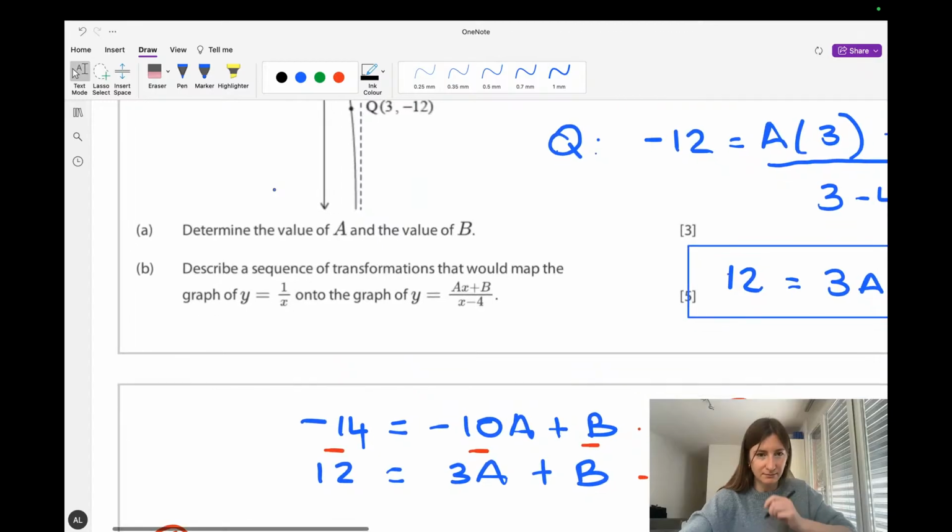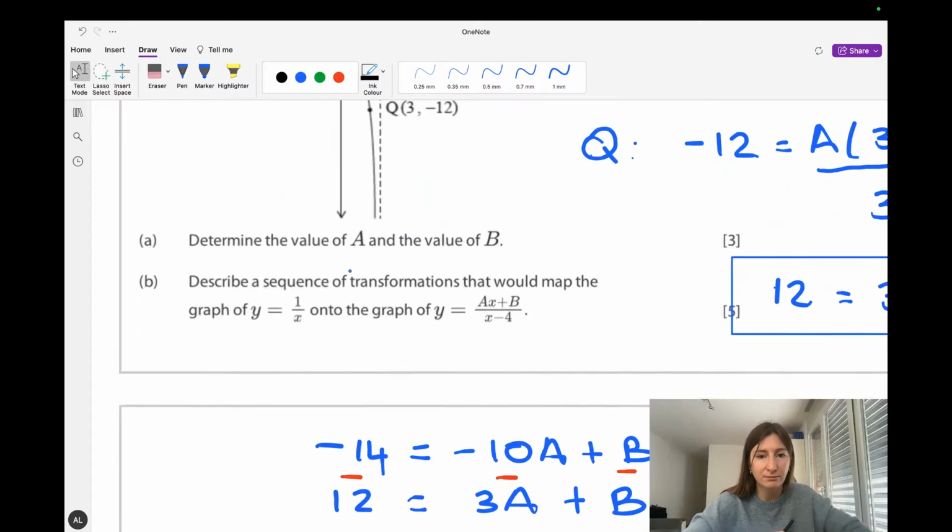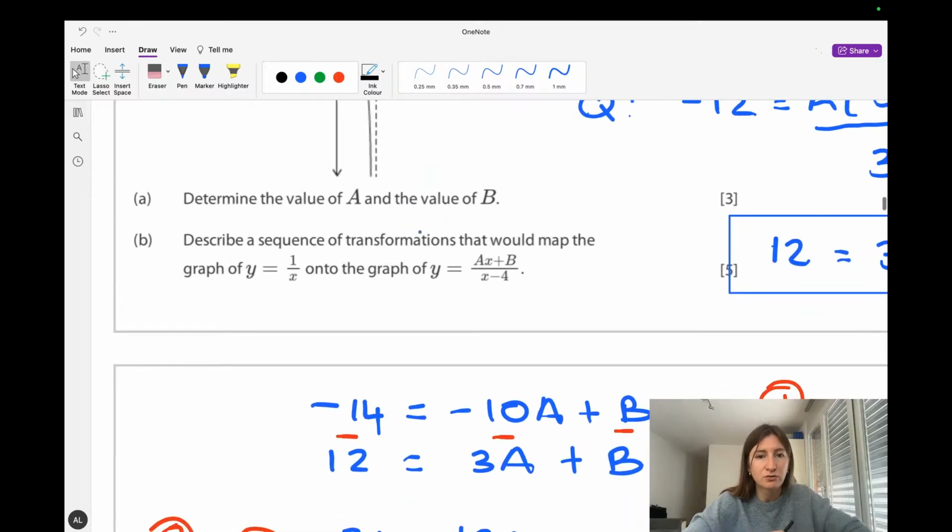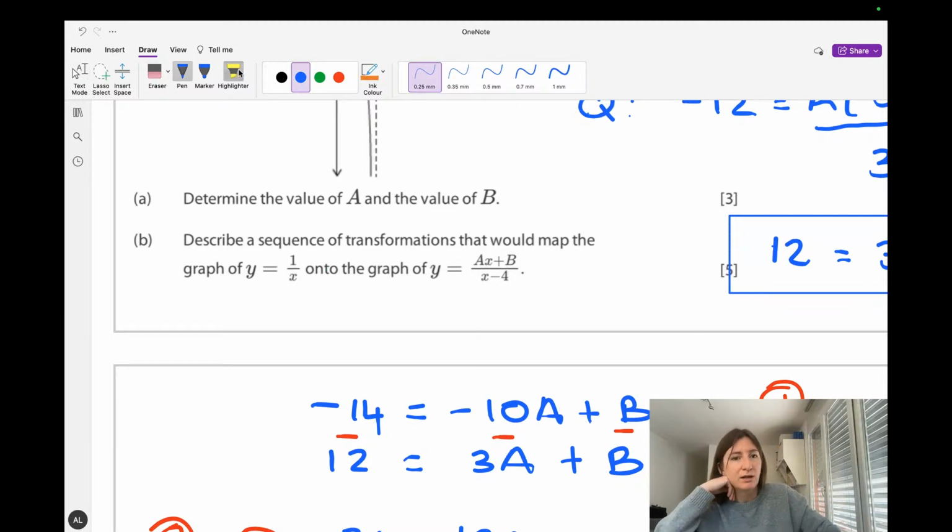Describe a sequence of transformations. This is a 5-mark question. A sequence of transformations that would map the graph of y equals 1 over x onto this graph. So what they're saying is, when this is a reciprocal function, how did it come to be this kind of function? And how we want to see that is from that form that we had earlier, a over (x minus h) plus, let's say, k.